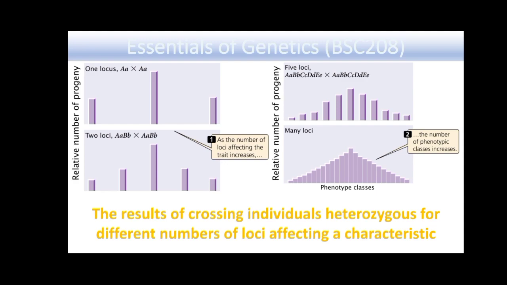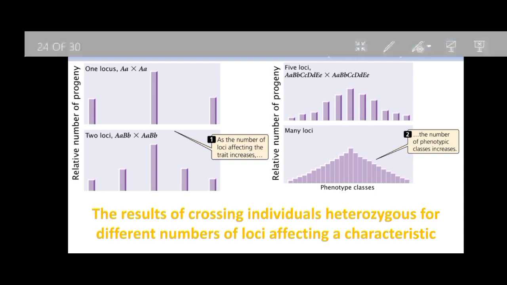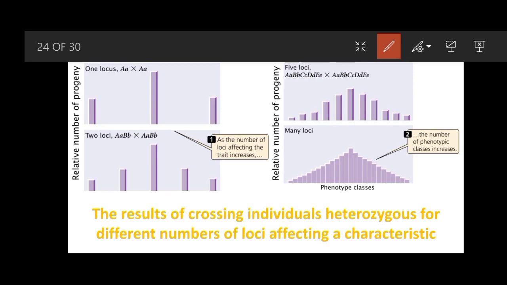For example, if we have only one locus, then there are three distinct phenotypes. But when we have two loci, the number of phenotypes is now increasing, and there are five different phenotypes, but it is still manageable.